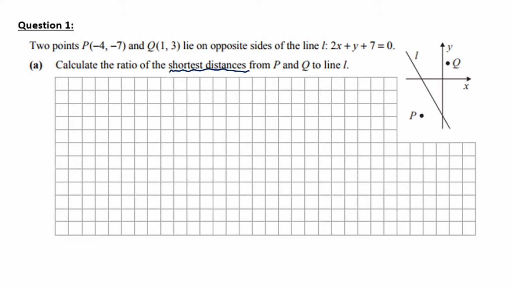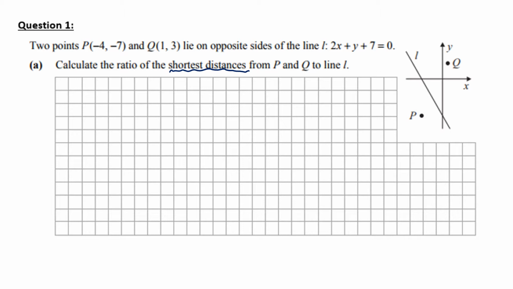Your perpendicular distance formula is going to be on page 19 of your log tables. At the very top of page 19 you'll find your shortest distance formula, and that's what we're going to use.